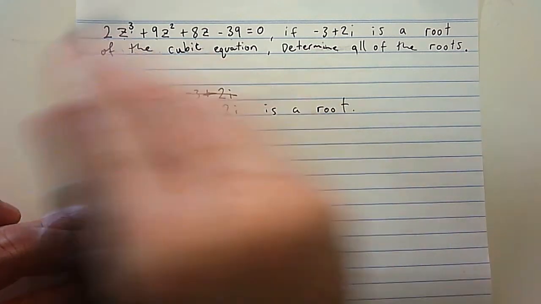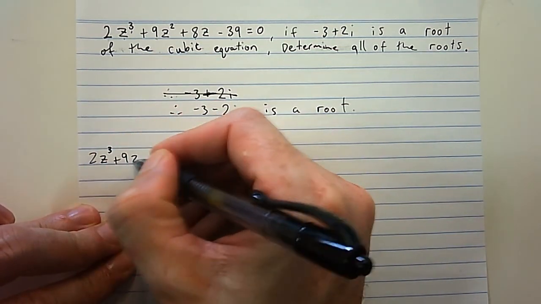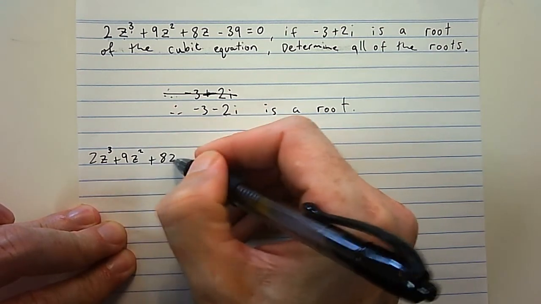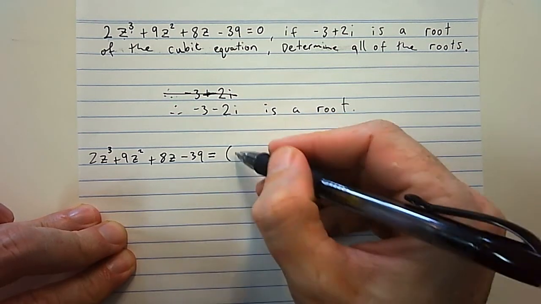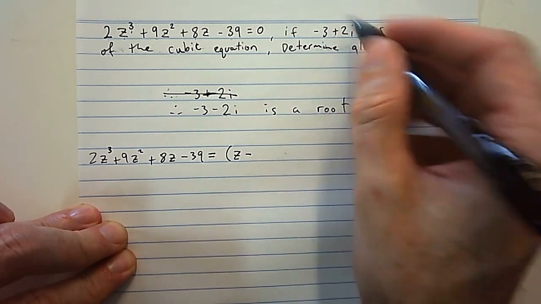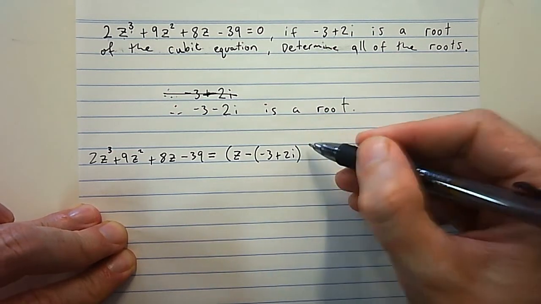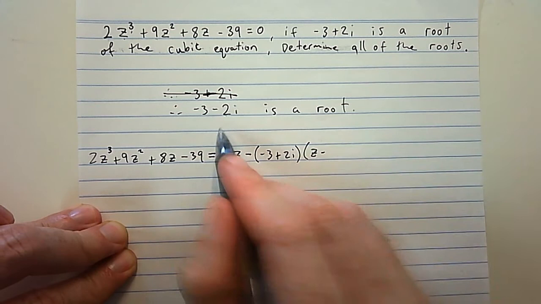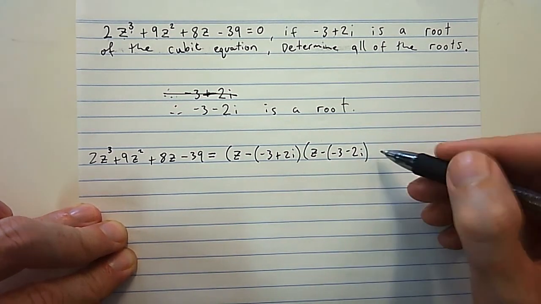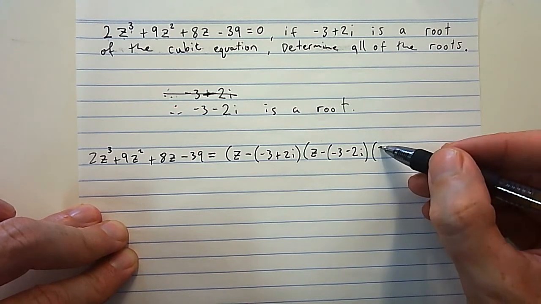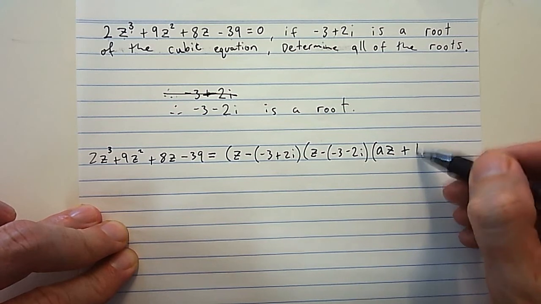Now, if I was to write this out, I could say that 2z cubed plus 9z squared plus 8z take 39 is going to be equal to z take away this first root, so take away -3 plus 2i, multiplied by z take away the second root, so -3 take 2i, and then that is going to be multiplied by some az plus b value.